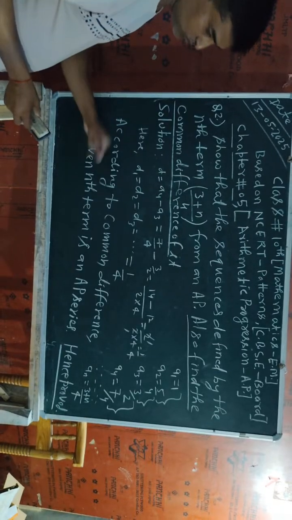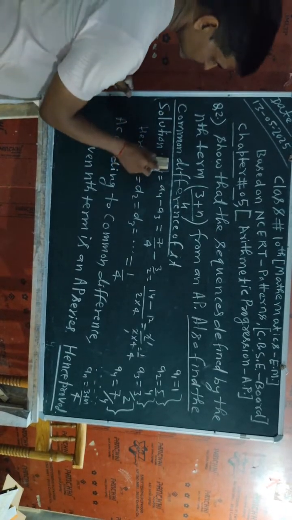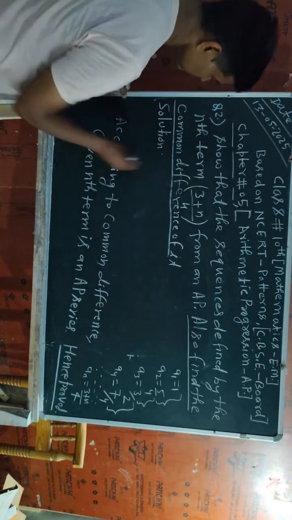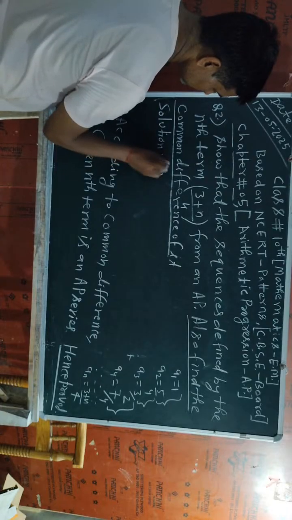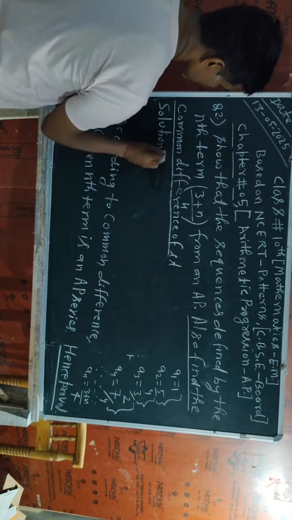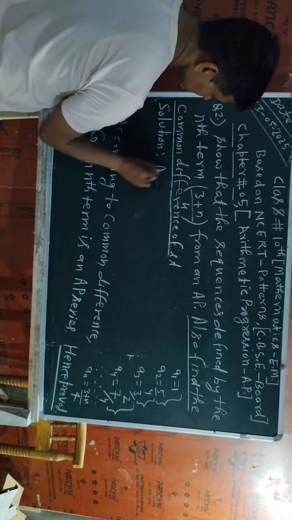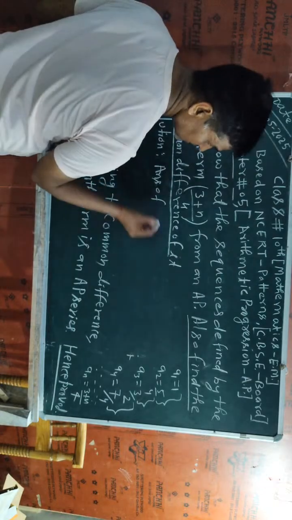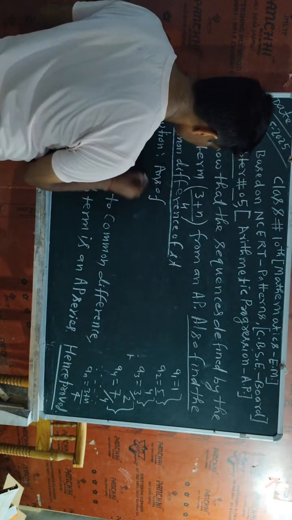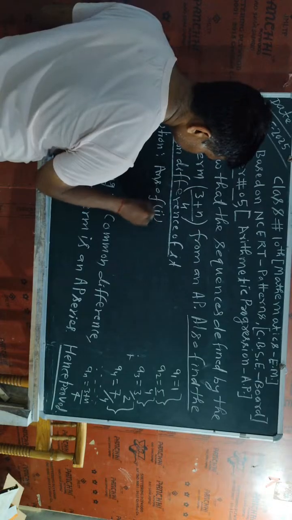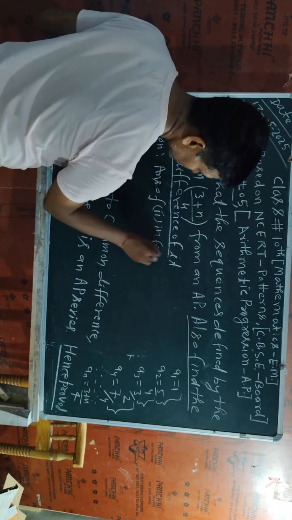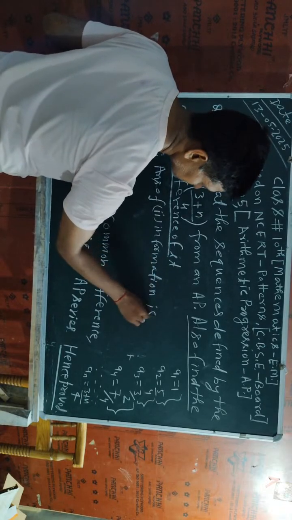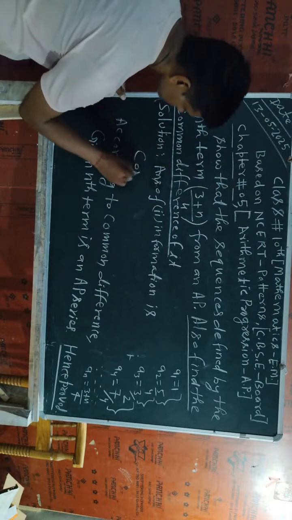Now further I am going to erase this, and after erasing I will write the common difference of the given series. Answer of the second question. Here I will write: answer of the second question is common difference.